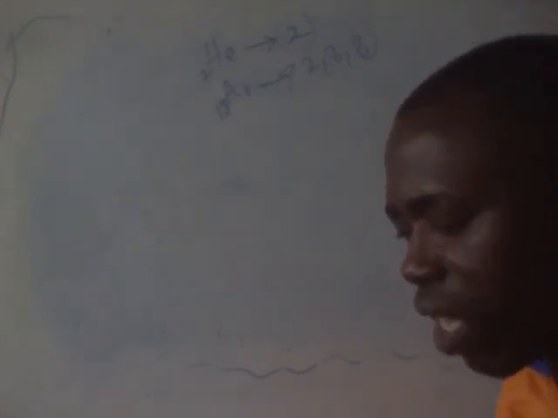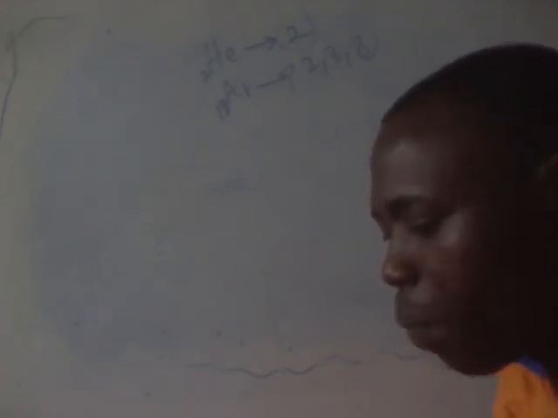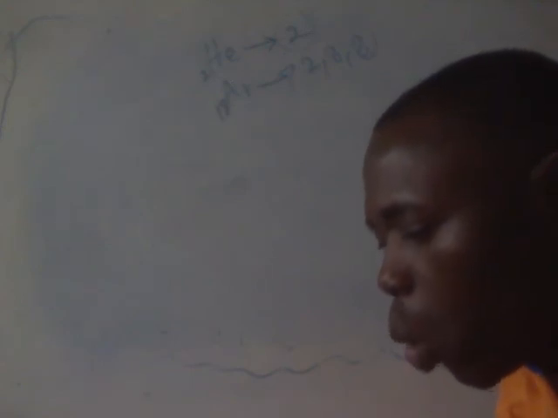Now number 40. What type of bond will be formed when an element with high electron affinity combines with another element with low ionization energy?